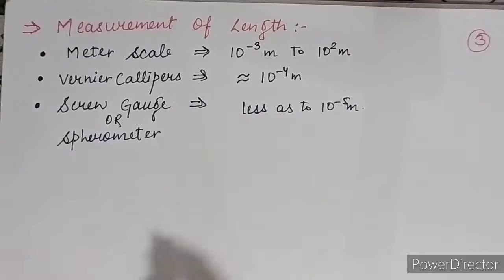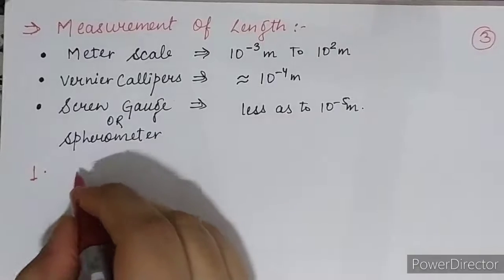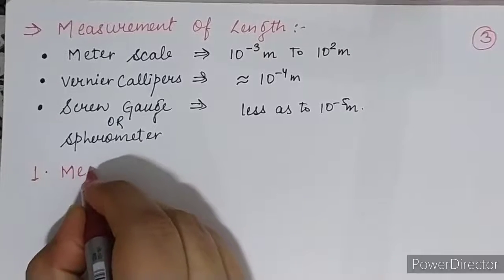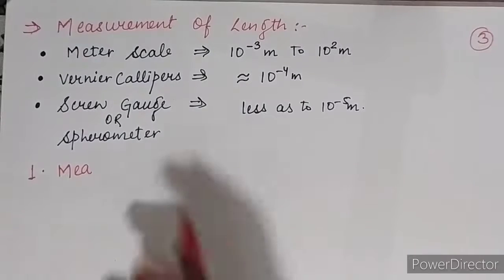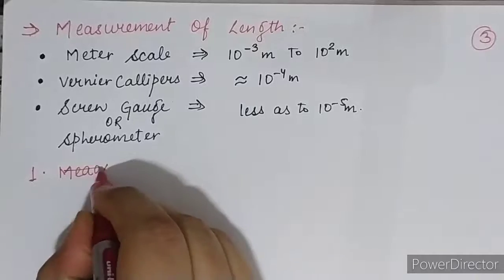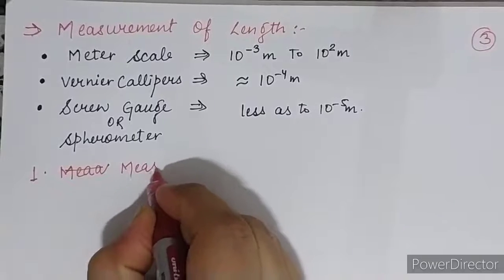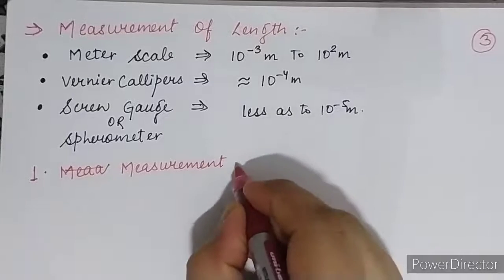That we are going to discuss. First we are going to discuss the measurement of large distance, meaning if the distance is very far away. So measurement of large distance.